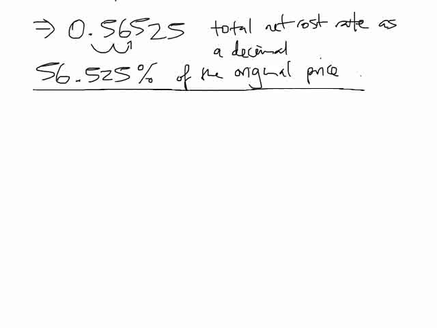So if you were asked to work out what discount percentage this is, well, just remember the whole is 100%. So you just need to find what's remaining to work out what the discount percentage was.